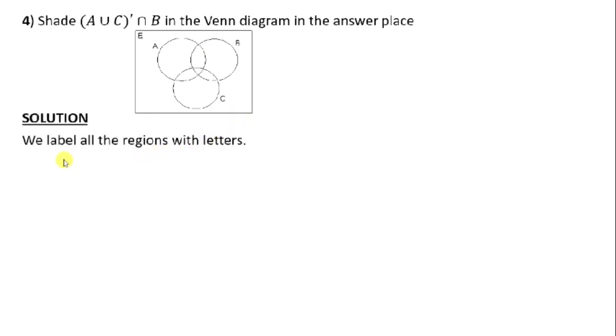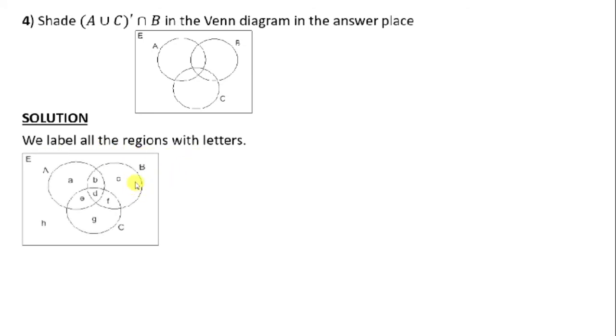So our solution, first we can start by labeling our regions with letters so that it will be easy for us to understand. So imagine we have this Venn diagram where we have elements A, B, D, E in set A, elements B, C, D, F in set B, and elements D, F, G in set C, and then A union B union C complement has an element H which is not in A, B, and C. So A union C is this region.